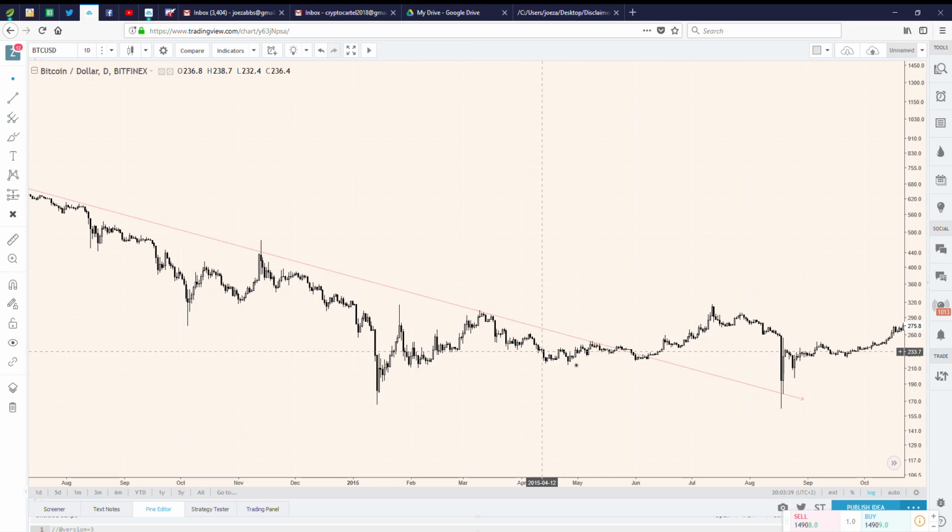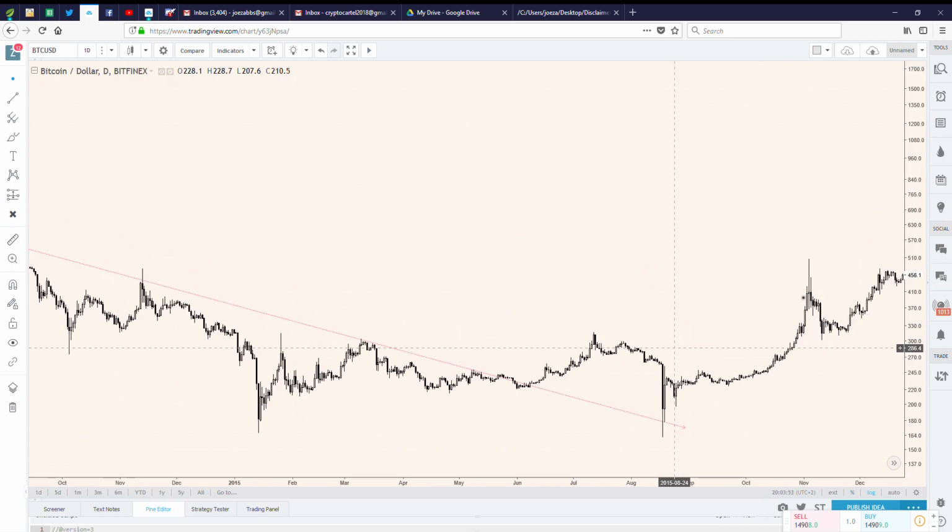Even here, where we reversed into the first cycle of a bull market, you can see that price pushed away from the trend line, and then it did retest the trend line before moving up into another higher high. So that's basically trend lines.